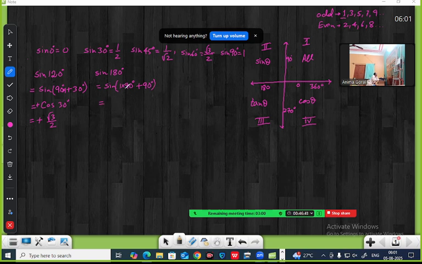Here you see there is an odd number, therefore sin will be changed into cos 90 degree. And 90 plus 90, 180, is in the second quadrant, and sin theta is positive in the second quadrant. And the value of cos 90 is 0. Therefore, sin 180 is equal to 0.